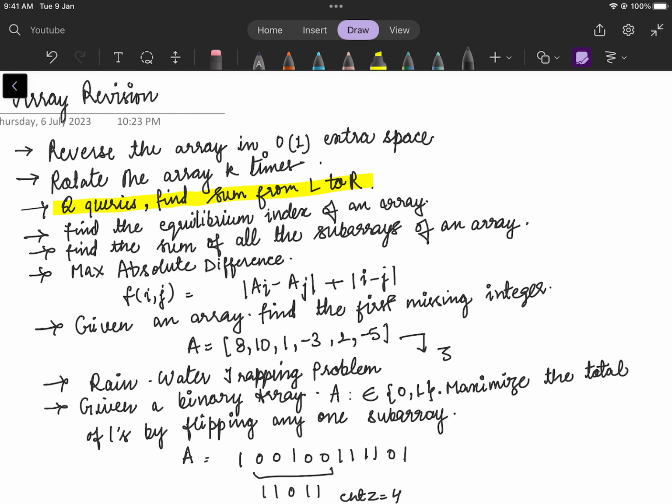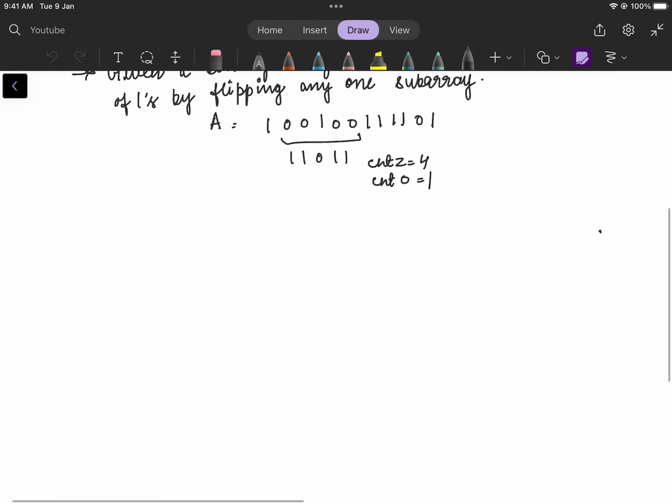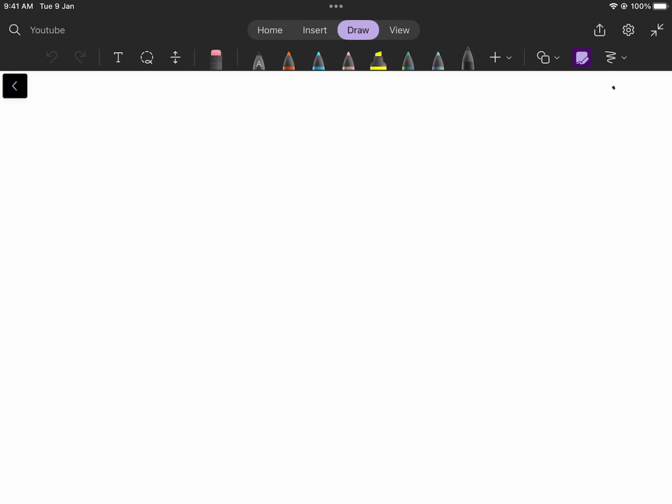The fifth question is the sum of all subarrays of an array. We need to find the sum of all the subarrays. Let's take a very small array, 8 6 5.